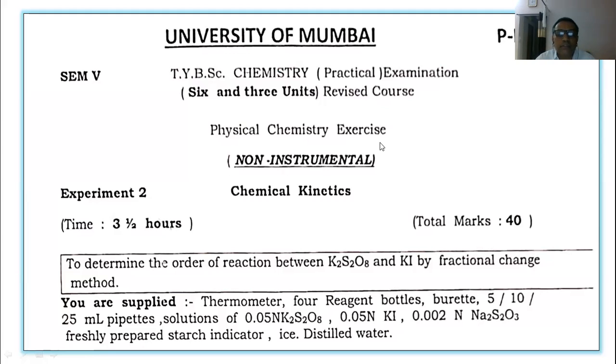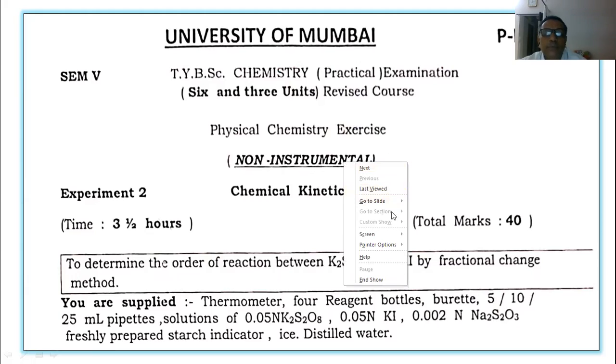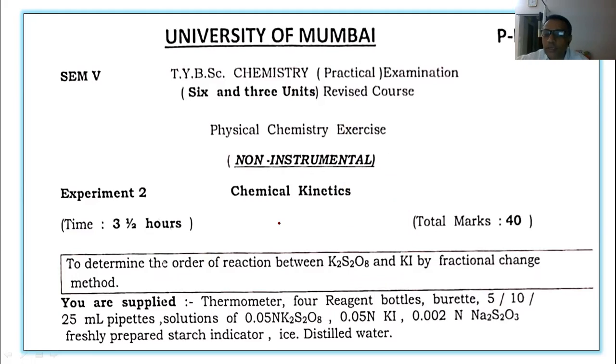We require the reagent bottles. We require the important solutions: 0.05 normal potassium persulfate, K2S2O8, and 0.05 normal potassium iodide.